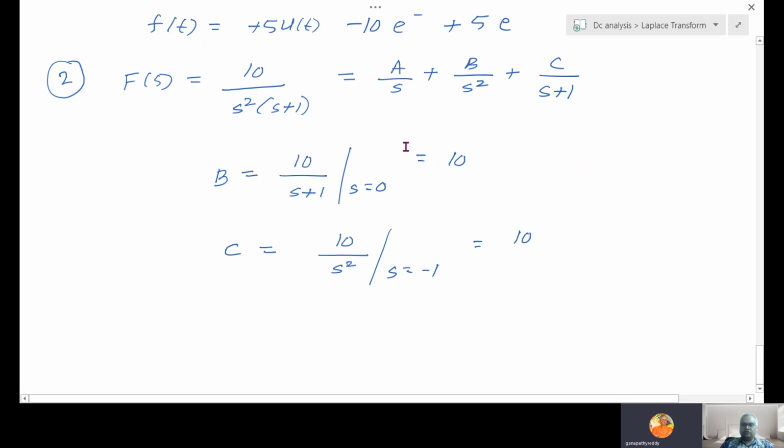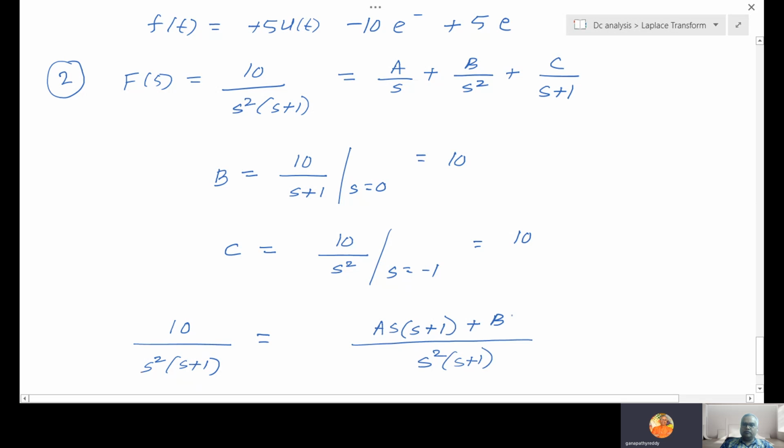But a you can't find like that. So how to find a? 10 is equal to, or take LCM, s square (s plus 1) equals a s (s plus 1) plus b (s plus 1) plus c s square.